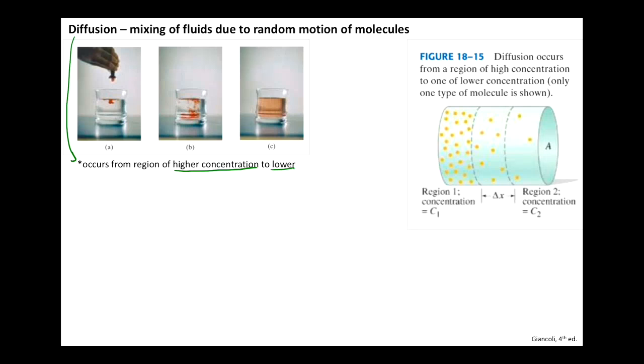Good. And this is dependent on concentration, which we could describe as molecules per volume. And notice this little diagram on the left.